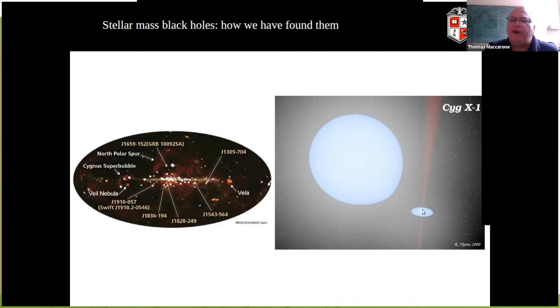But when you have a very deep gravitational potential well like a black hole or a neutron star, you can get all the way up to temperatures of about 10 million degrees Kelvin, and you can emit strong amounts of X-ray emission. And in some other cases, you can even get up to about 1 billion degrees Kelvin and emit very high energy X-rays.